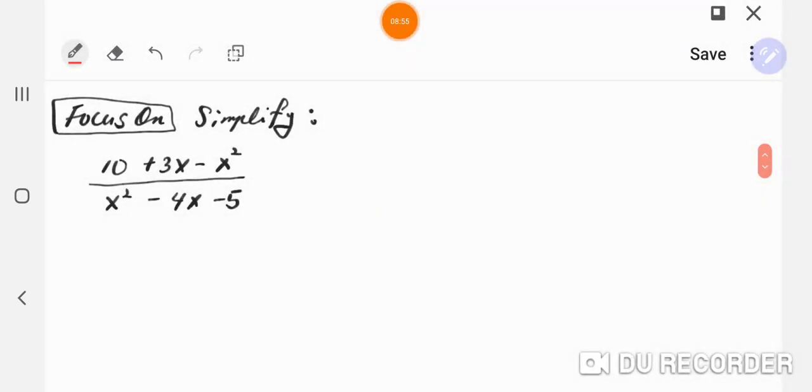Okay, this is an example in the focus on problem. Before we do this, let's consider an expression. Here is a minus b. Then can we switch a and b? So it will be b minus a. Can we do this using the commutative property? No, this is not right.